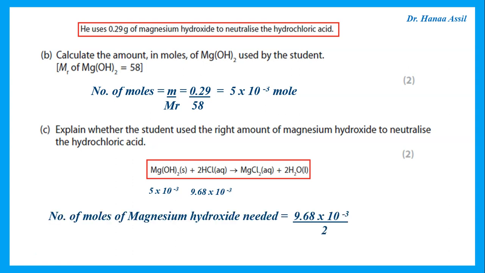The number of moles of magnesium hydroxide that we need should be half that of HCl. So that is about 5 times 10 to the minus 3. So what he added was the right amount. Can you see that? It is the right amount if the ratio is correct according to the equation. The equation says the number of moles of magnesium hydroxide should be half that of HCl. It is about half that of HCl.